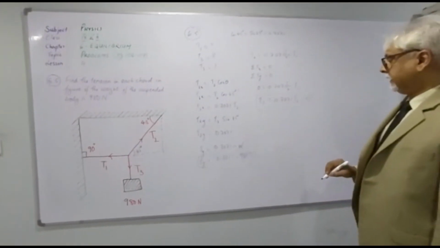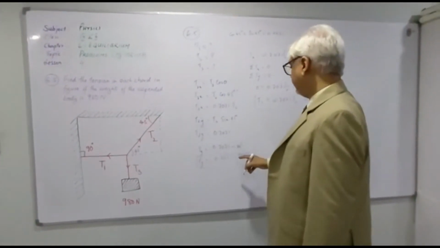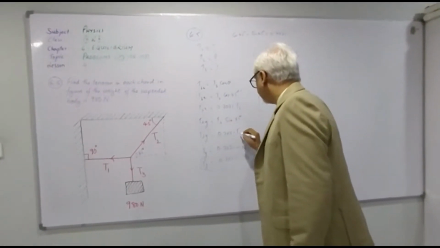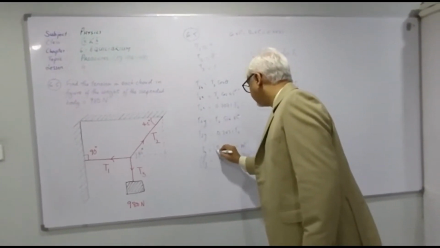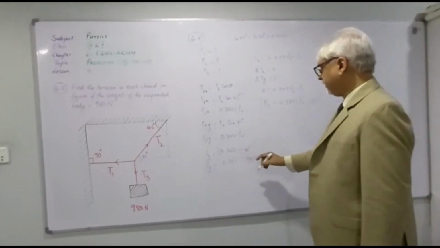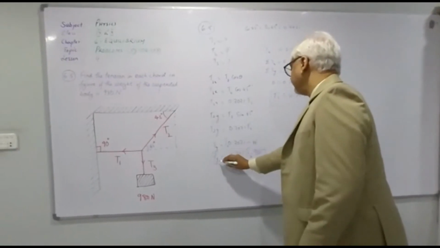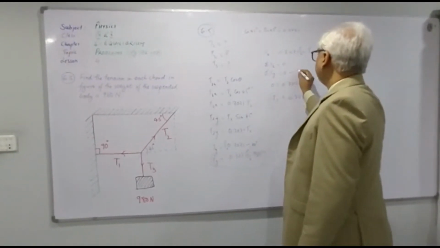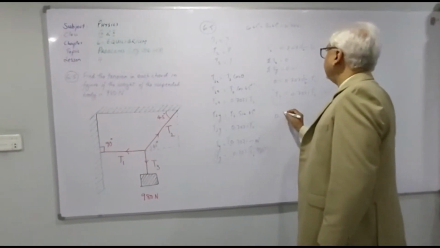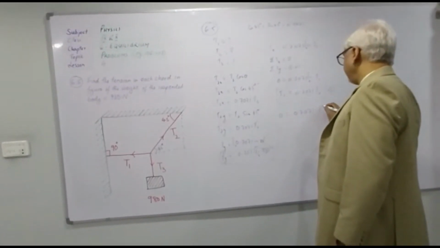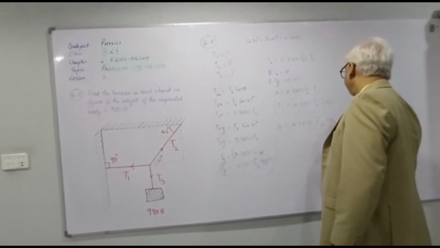And for the second equation, along y, if I put this equal to 0, I get 0 is equal to 0.7071 T2 minus 980.